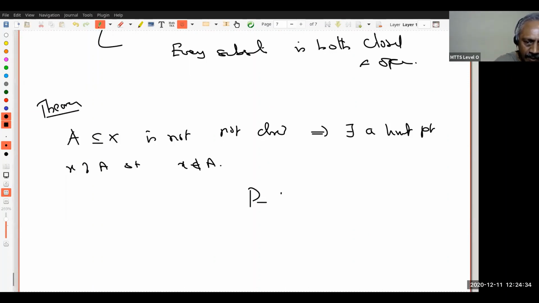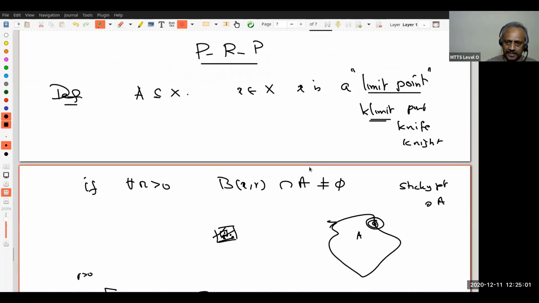Please pause, review, proceed. This way of thinking may not be found in general textbooks, and even in my book this is okay. So it will be good if you go through this and discuss. In the next lecture we will see why I want to call this a limit point.